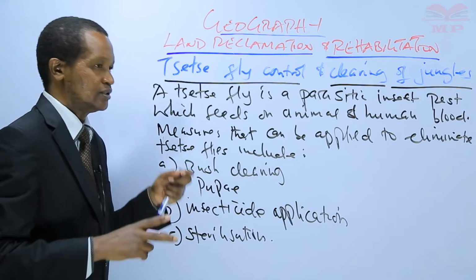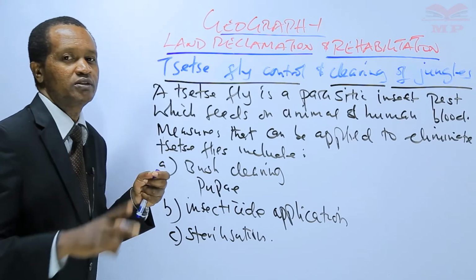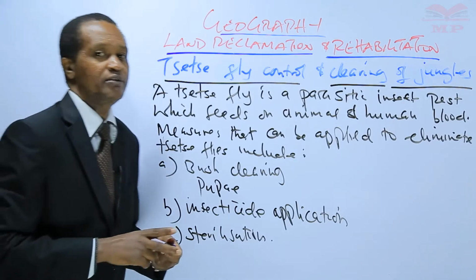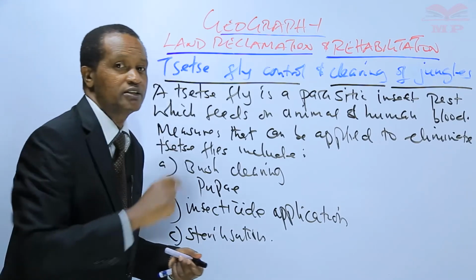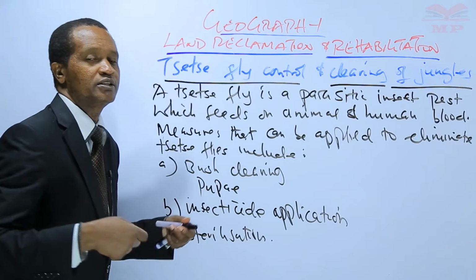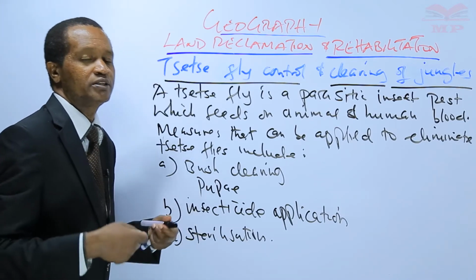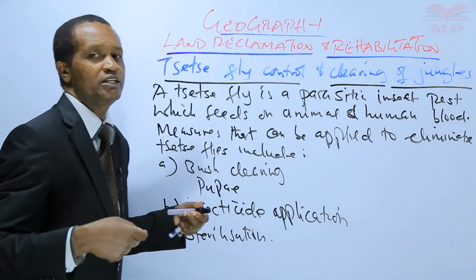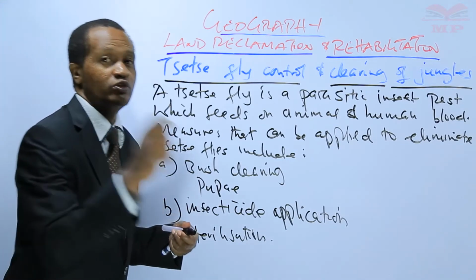But learners, it's also interesting to note that a female tsetse fly mates only once in her lifetime. But the sperms that are introduced into her body during mating are used for the rest of her life.